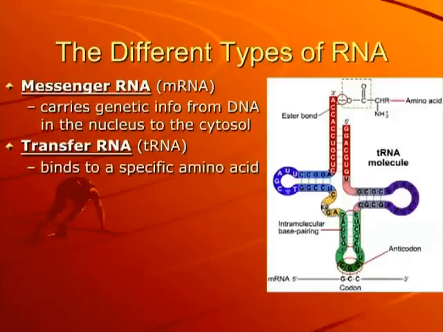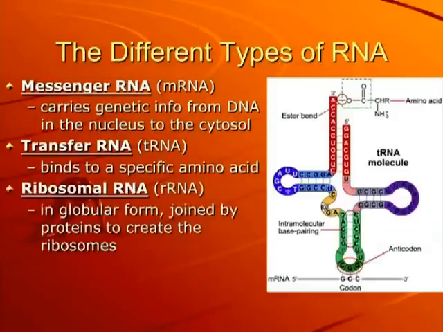So the transfer RNA is required to make sure that the correct amino acids come and form the correct proteins. And the last one, ribosomal RNA, is the RNA that is found in the ribosome, and it basically reads the messenger RNA in order to make a protein. So each of these types of RNA has a specific function in the cell.